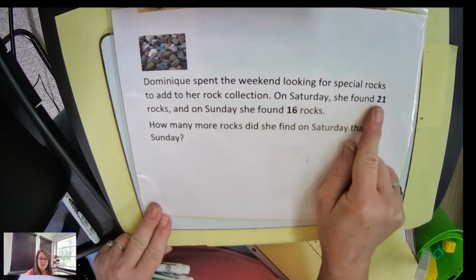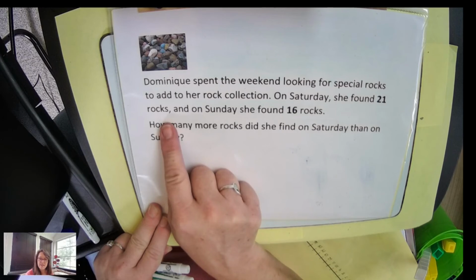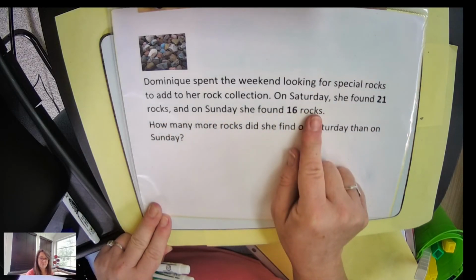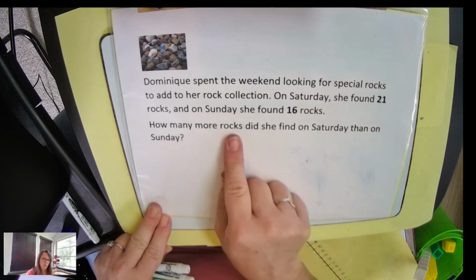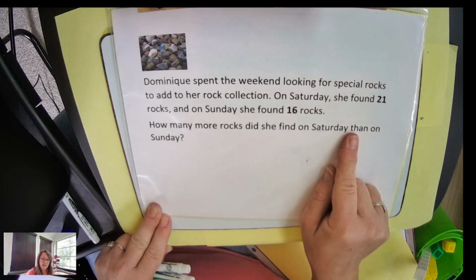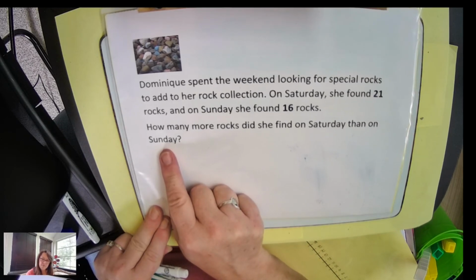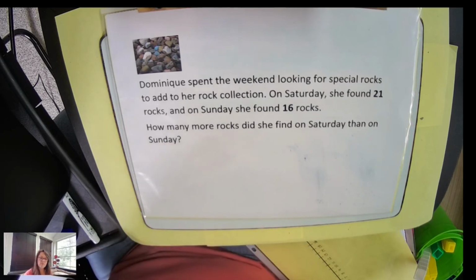On Saturday, she found 21 rocks, and on Sunday, she found 16 rocks. How many more rocks did she find on Saturday than on Sunday? Think about this problem. What information do we have?